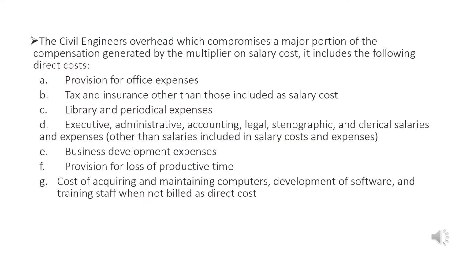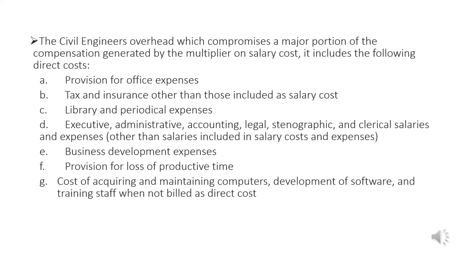The civil engineer's overhead comprises a major portion of the compensation generated by the multiplier on salary costs. It includes the following costs: A. Provision for office expenses. B. Tax and insurance other than those included as salary costs. C. Library and periodical expenses.